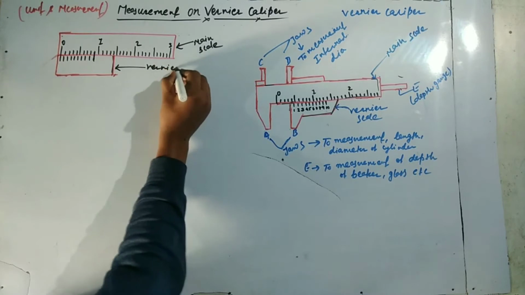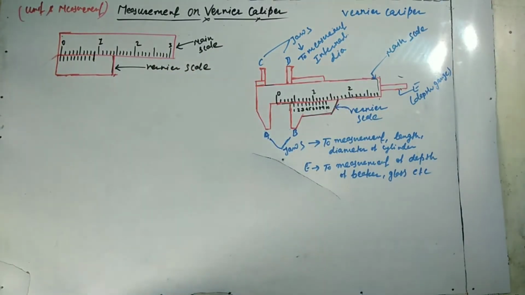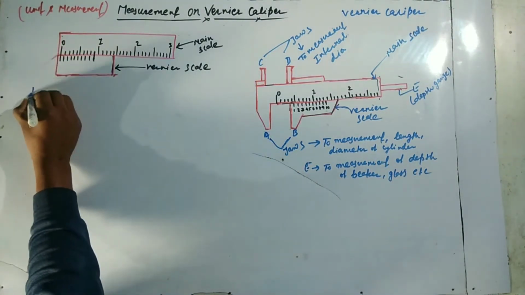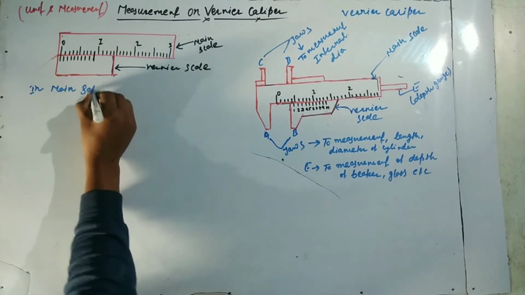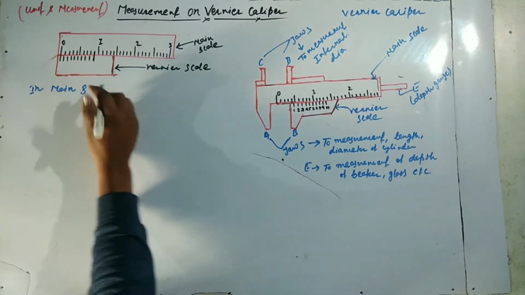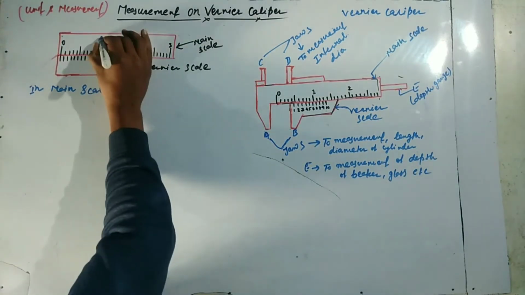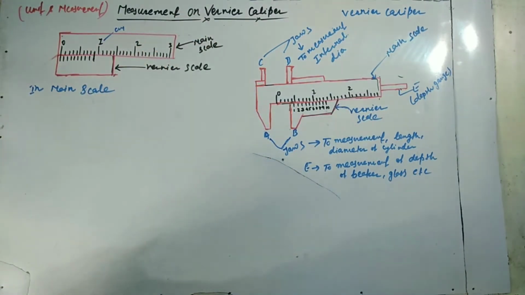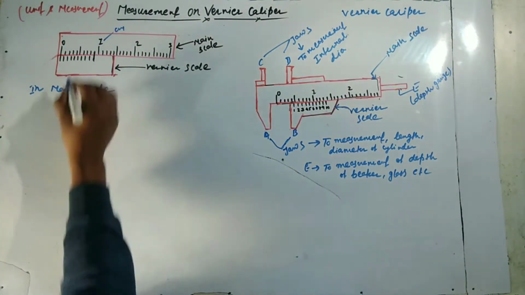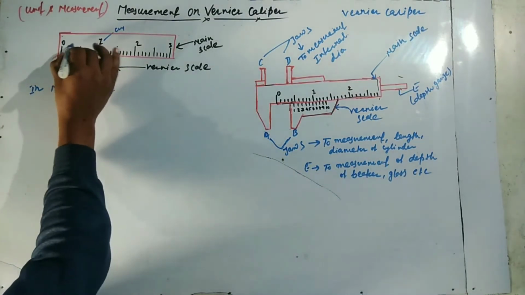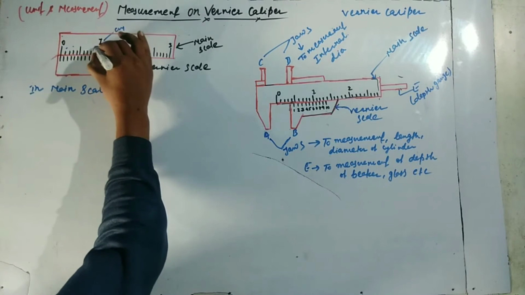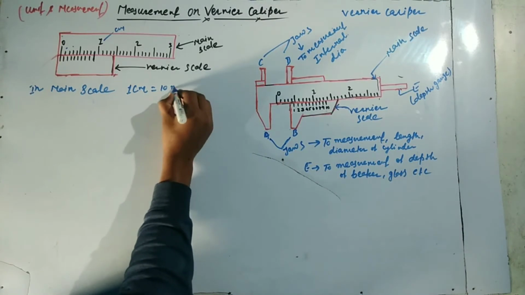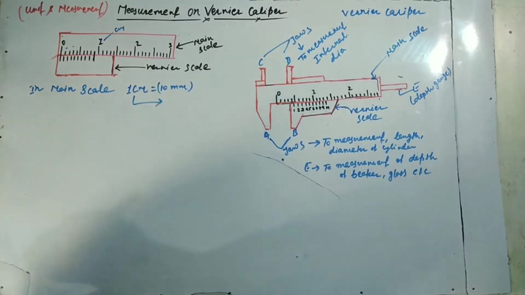It is a Vernier scale. And generally in 95% of cases, the main scale division, or we can say its smallest measurement, is in cm, that is 0.1 cm. Here 1 cm equals 10 divisions, that is 1 by 10, or 1 cm equals 10 mm.